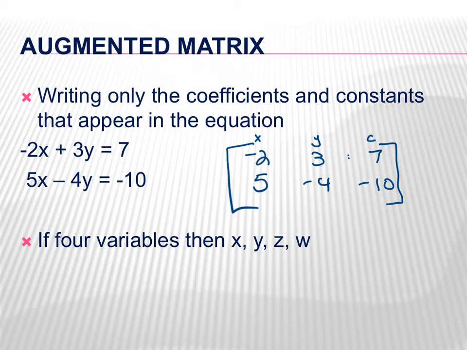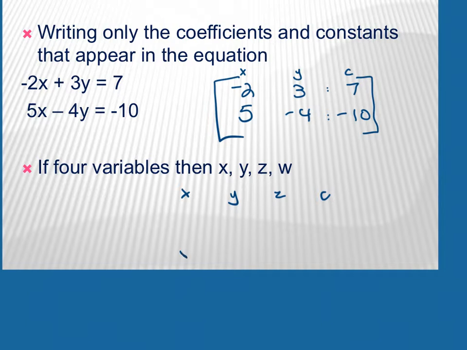Sometimes you'll see 2 little dots, like a colon, in between the variables and the constants. You don't need them there, but if you see them, that's what they're for. If there's 3 variables, it goes x, then y, then z, and then the constant. If there's 4 variables, don't ask me why, it goes x, y, z, w, and then the constant. Apparently 4 goes out of alphabetical order. Don't know why, but that's what happens with your variables if you see it with 4.